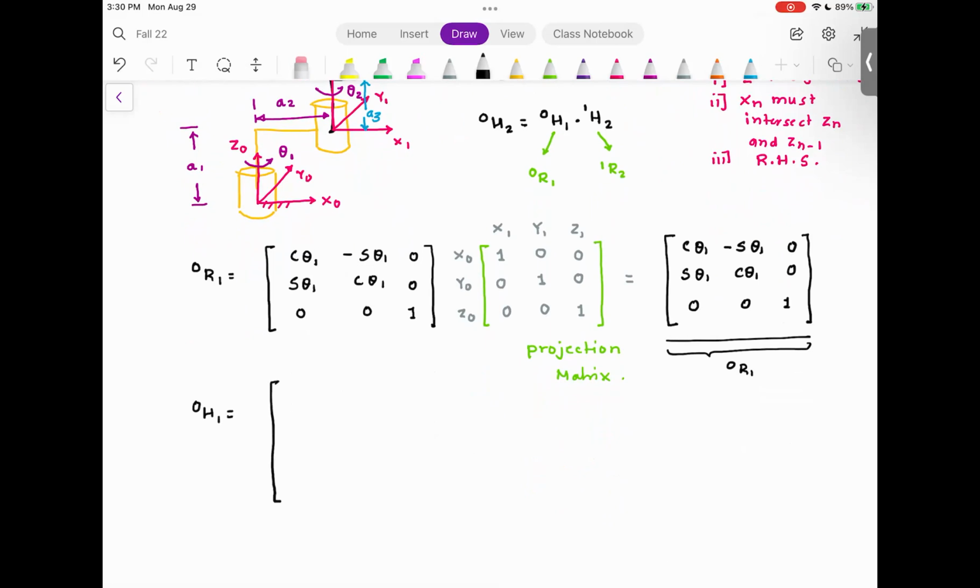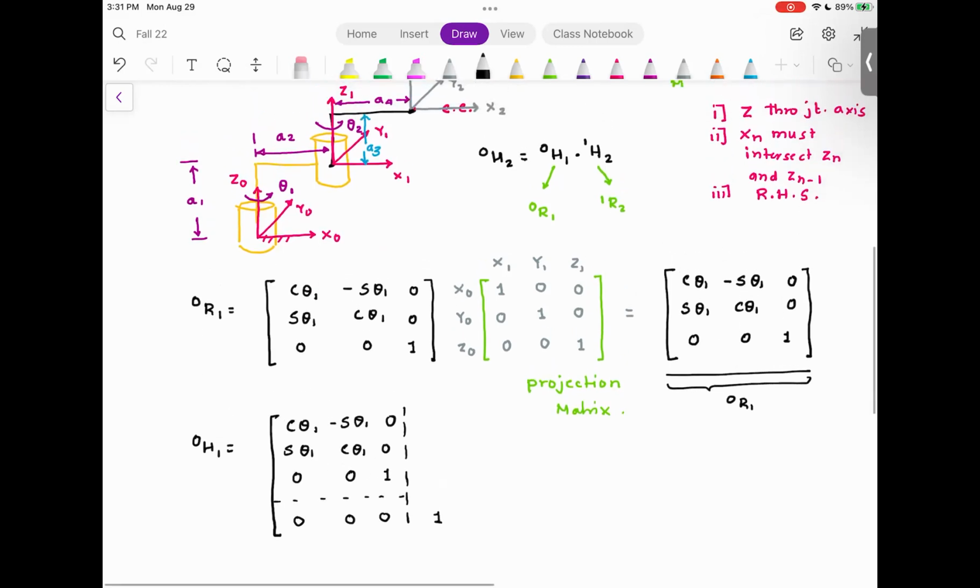So 0H1, first, is going to have a 3x3 matrix. And that 3x3 matrix is going to be 0R1, which is cosine theta 1, minus sine theta 1, 0, sine theta 1, cosine theta 1, 0, 0, 0, 1, and then the bottom row 0, 0, 0, and then 1.